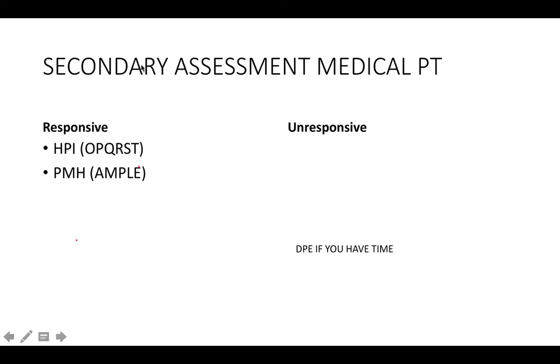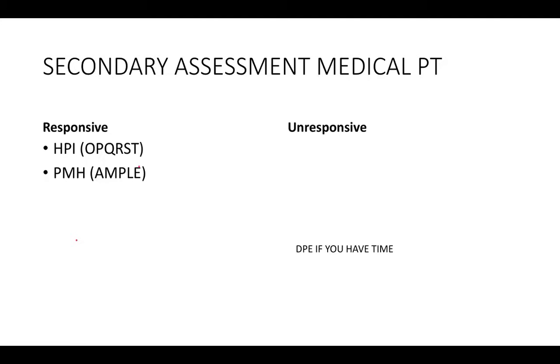Then you have the A of SAMPLE, allergies. Are you allergic to anything? What are you allergic to, if so? Medication, M. Are you currently taking any medications right now that I need to know of? P, pertinent past medical history. Has this happened to you before?